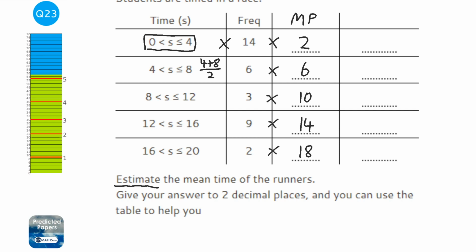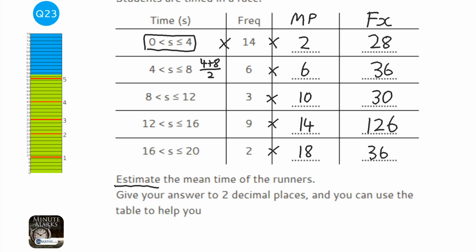So we do 14 times 2, which is 28, 6 times 6 is 36, 3 times 10 is 30, and then you can use a calculator for this, so 9 times 14, have an idea of what it's going to be. Hopefully it's 126, which it is, good, and 2 times 18, which is 36. And this I call the fx, although in this case we are calling the first one s, so it's the fs column.